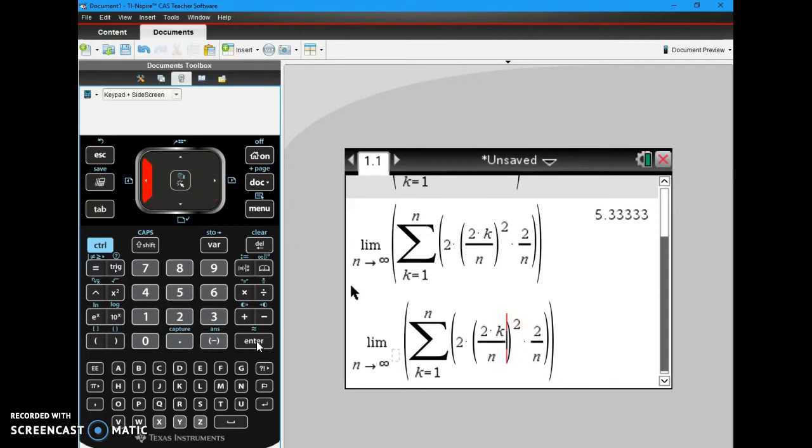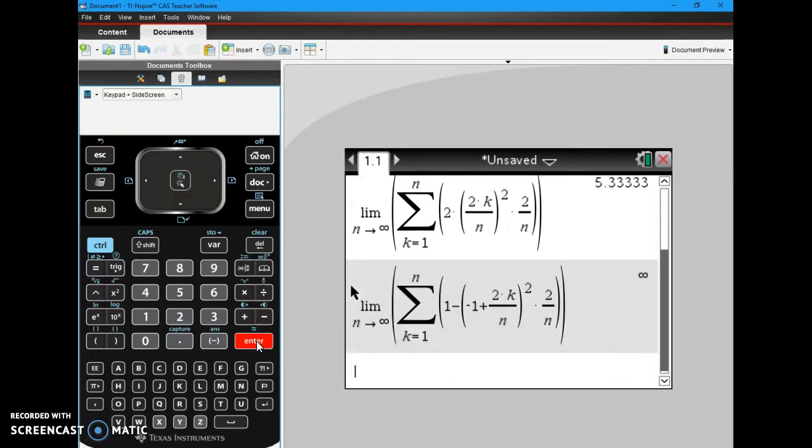I want the squared, but inside the squared, I need a negative 1 plus 2k over n. And then outside of that, I want a 1 minus. I think that's correct. I'm going to hit enter and let's see. Oh, infinity. Oh, that's not what we were supposed to get.